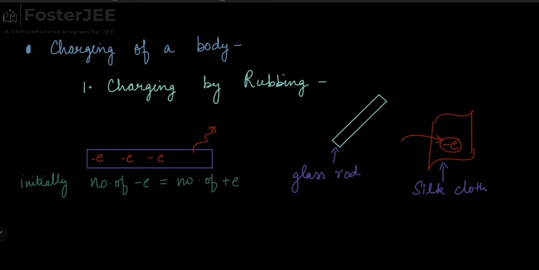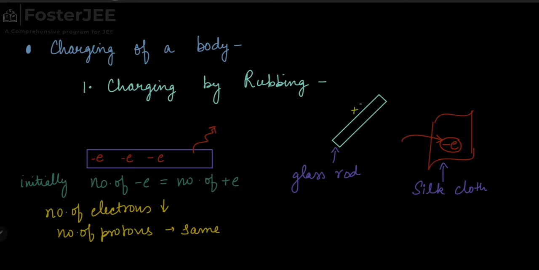Now finally what happened? Number of electrons are now decreased, but number of protons are still the same. Now what does that mean? Electrons have decreased. The protons are same in number, that is, the protons are now more.